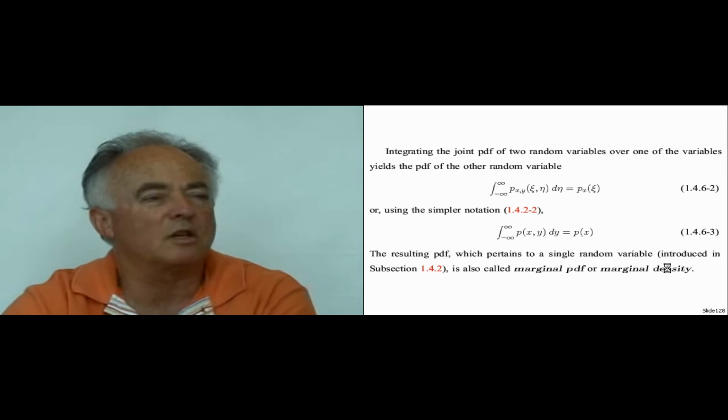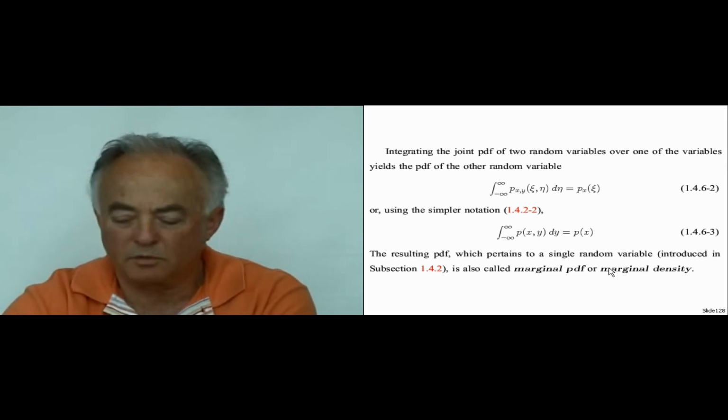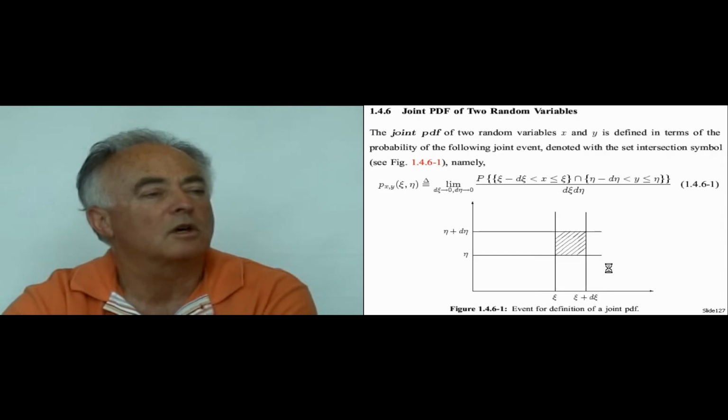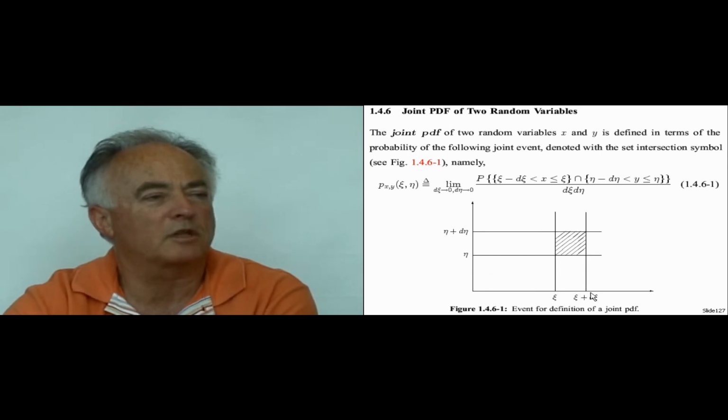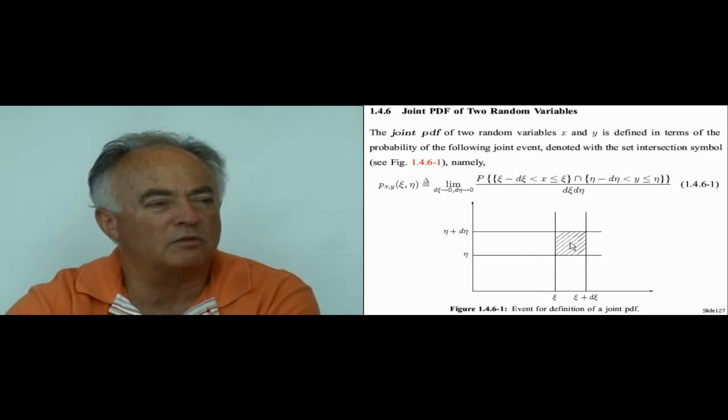And this can be easily seen by looking at the previous page. Here, if all you are interested in is, say, psi between psi and psi plus d psi, you take all the possible values of y. So this is really an integral over y of the joint density, all the possible values.